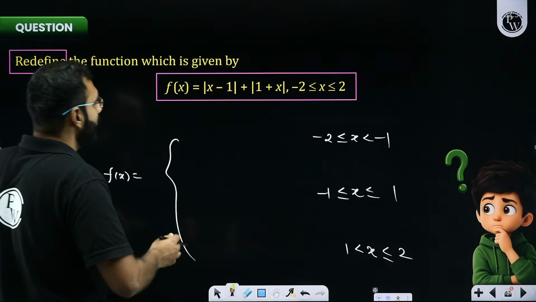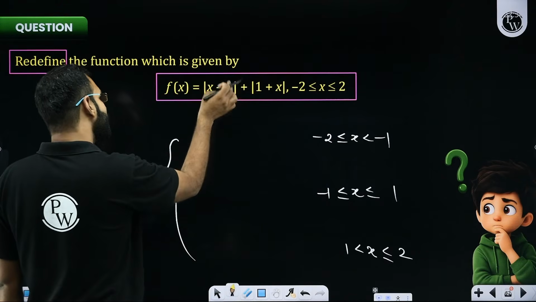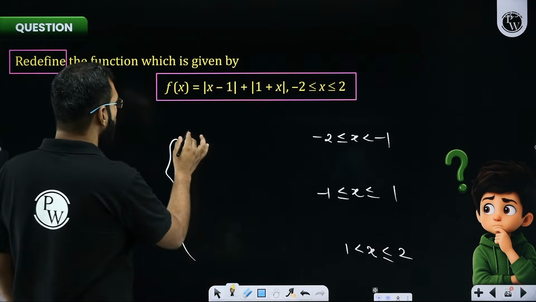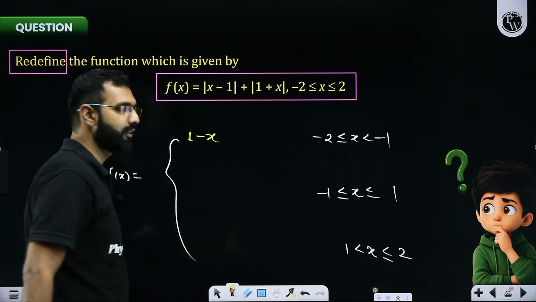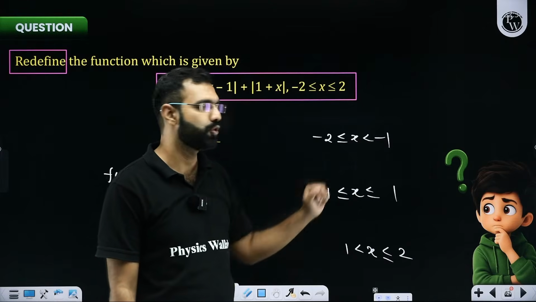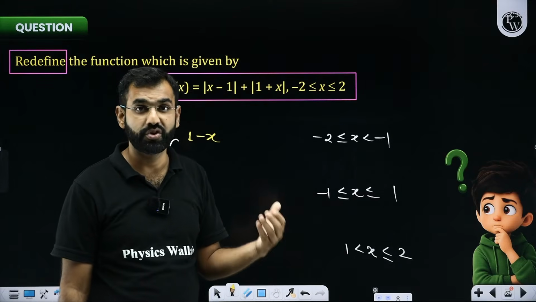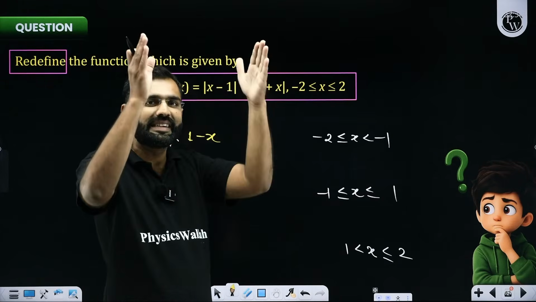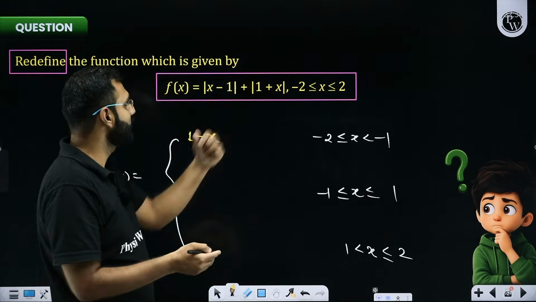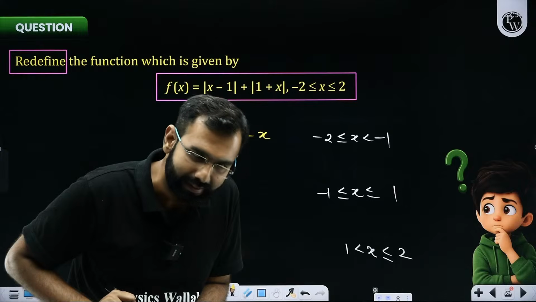So x - 1 opens with the negative sign and becomes 1 - x. Similarly, for x + 1, try -1.5: -1.5 + 1 is -0.5, which is again negative. So it opens with a negative sign, so it will be -1 - x. Everybody comfortably got it?